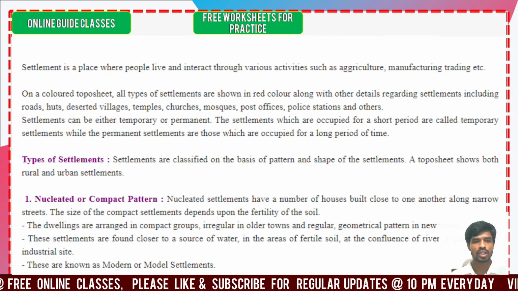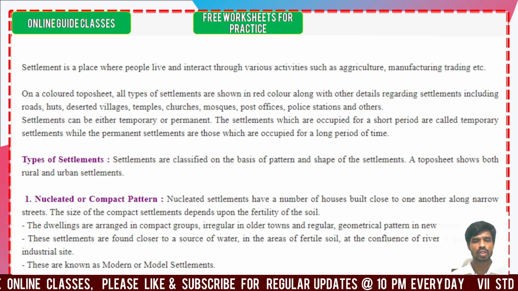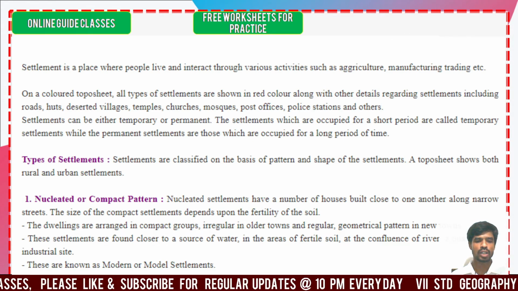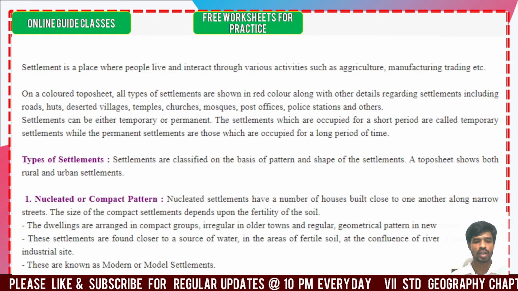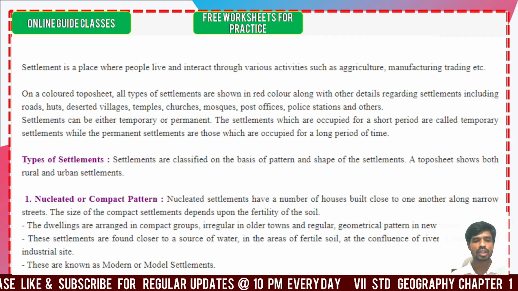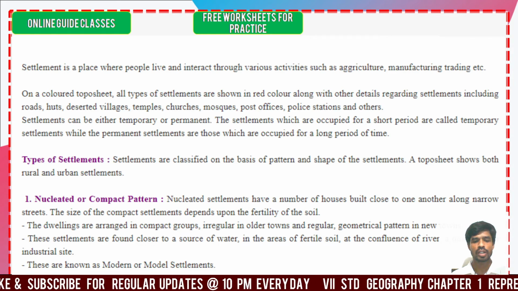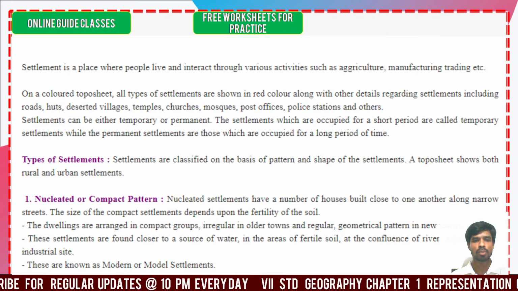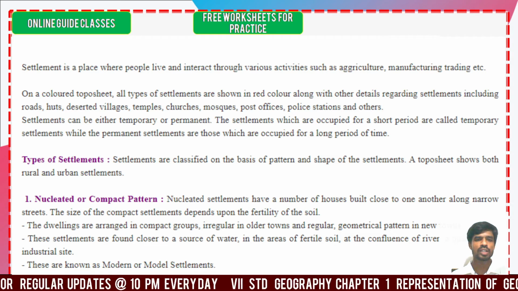That's why this nucleated settlement is also known as compact settlement. Near junction points, near any transportation like railway lines, near the roads, sometimes near the banks or the commercial buildings, mostly you will find these compact settlements.